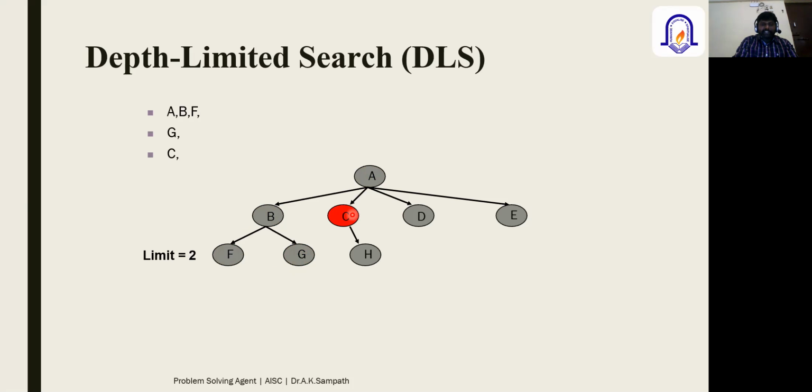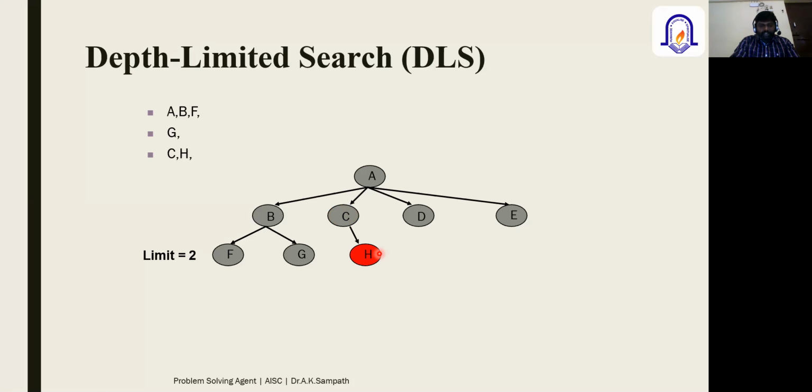Now C has a child H. H will be visited because I restricted my limit to 2. Until limit 2, the nodes which are present will be visited based on depth first search. Basically, it's a depth first search, but the searching process is restricted with the specific limit we mentioned. Then the H node will be visited and compared whether it is a goal node or not.